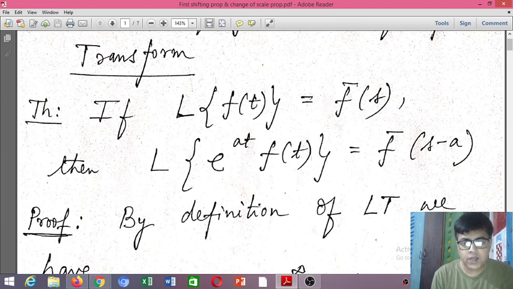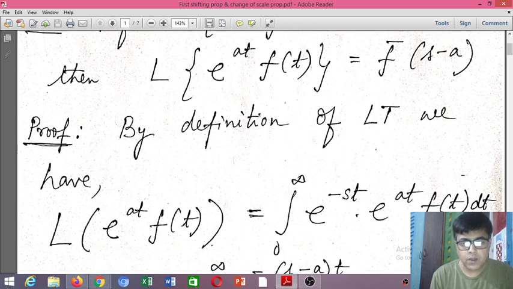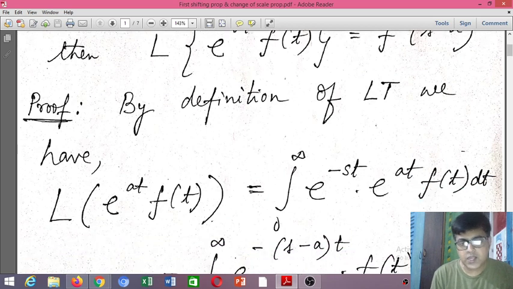How do we prove it? We prove it from the basic definition of Laplace transform. By definition, L of e to the power at f(t) will be equal to integral 0 to infinity e to the power minus st into e to the power at into f(t) dt.